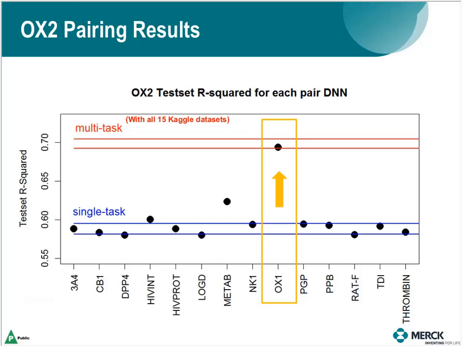What surprised us is that there seems to be one task, OX1, that has all the advantage. Combining with this one task is equivalent to combining all 15 tasks. So you can clearly see the advantage only comes from this particular case.